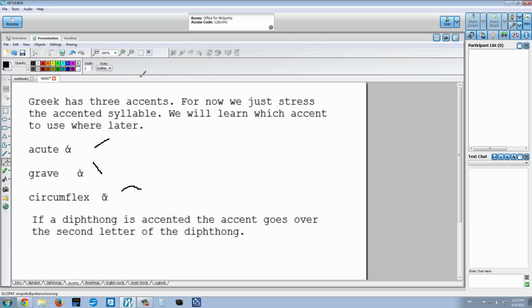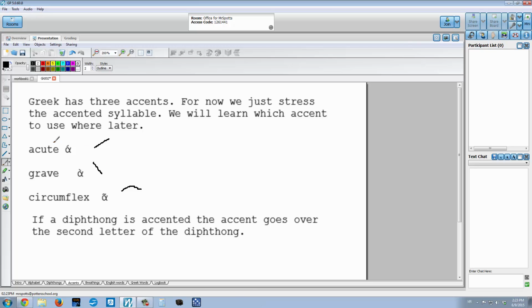For now, all we do is if we see an accent, we put a stress on that syllable. Later on there are some rules, and actually they're kind of dodgy rules, about which accent you use where. The accent sometimes moves around to a different place on a word. We'll deal with that all later.